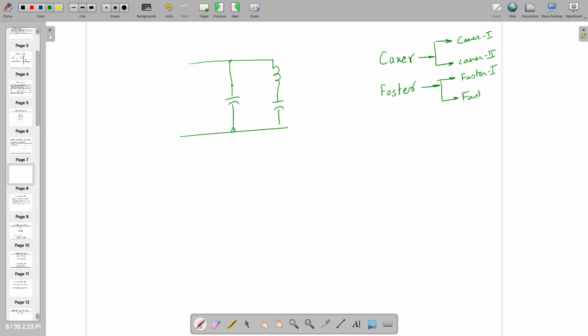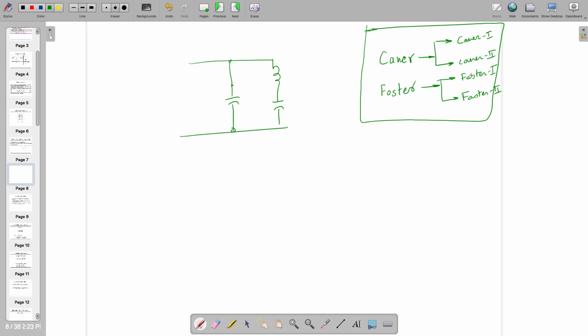So they have some fixed way of writing a function, through which you can directly draw the circuit using the function. This chapter will be synthesized after completing Cauer 1, Cauer 2 and Foster 1, Foster 2.